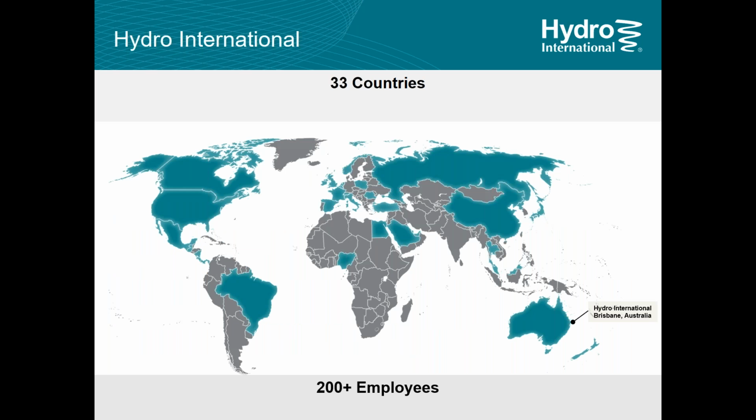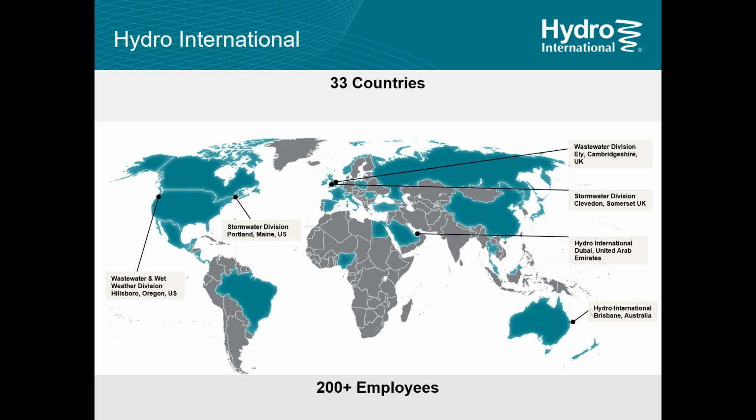We do business in about 33 countries around the world, about 200 employees. Our primary stormwater market in the US is managed from the Portland, Maine office. Our wastewater and wet weather flow office is located in Hillsborough in Portland.